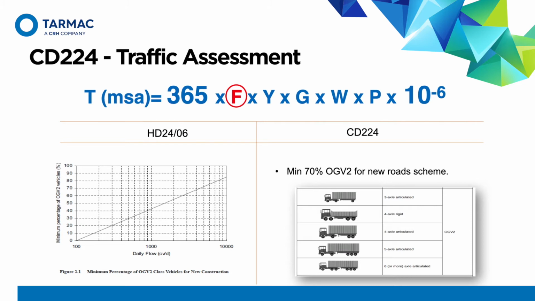Now, in the new updated CD224, the requirement is a minimum of 70% OGV2 from the overall traffic. This is to minimize the risk of underestimating the traffic, particularly for the heaviest type, which is OGV2, that has the highest impact on the pavement.